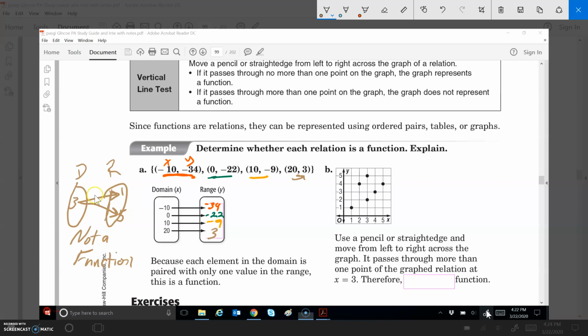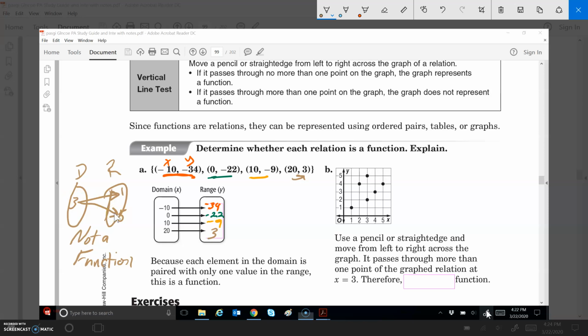So think about this. The domain is people and the range is rooms. If I am in the math room, that makes sense. If I'm in the math room and I'm in the science room, that does not make any sense.